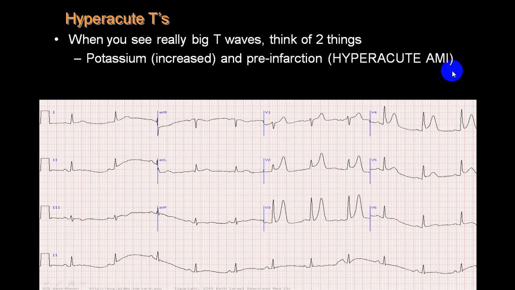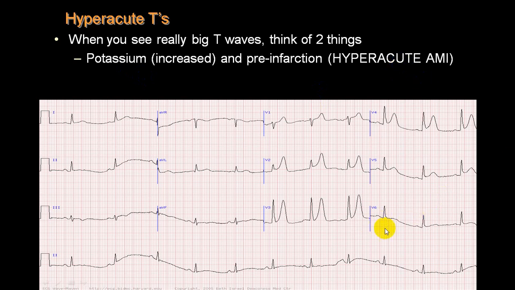Clear? Okay, fine. Now you can see here, there is a tall T wave, nearly symmetrical. This is a peaked T wave, right? And there is an ST segment elevation. You can see slight ST segment elevation. Now this can be hyperkalemia or hyperacute MI.